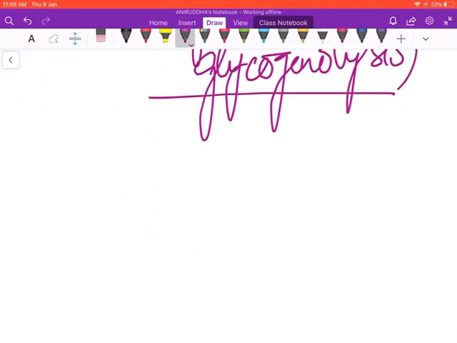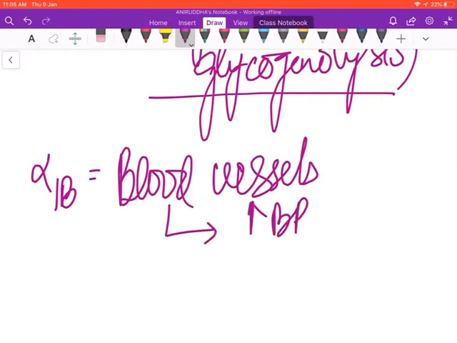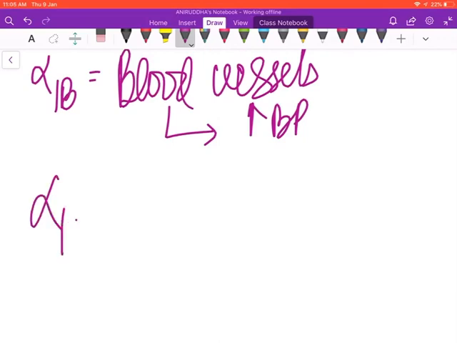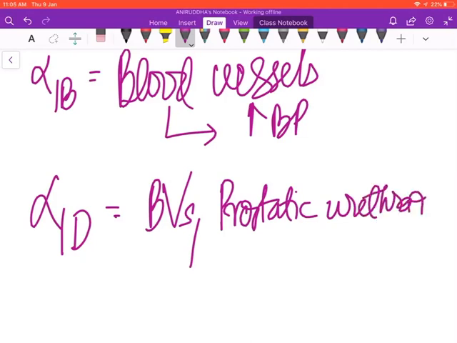The alpha 1B receptors are found primarily on the blood vessels, and obviously stimulation of alpha 1B will cause vasoconstriction and will lead to increased blood pressure. The alpha 1D are found on the blood vessels, the prostatic urethra, and the bladder.